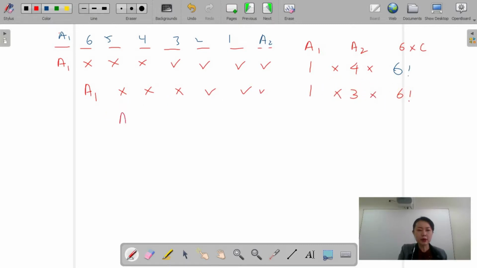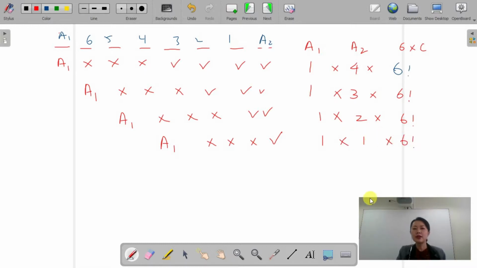And then we keep going. So it can't be in these spots, can be in these spots. So that's 1 times 2 times 6 factorial. And then, all right, so that's pretty much the last one it can be. Yeah, if it gets too close to the end, you can't have 3 people in between.